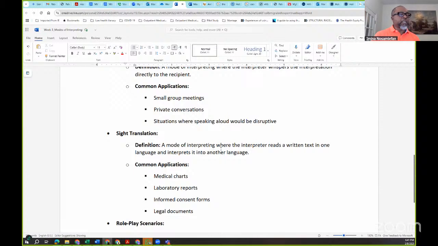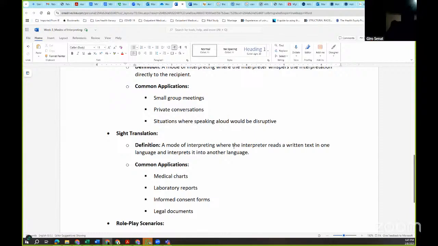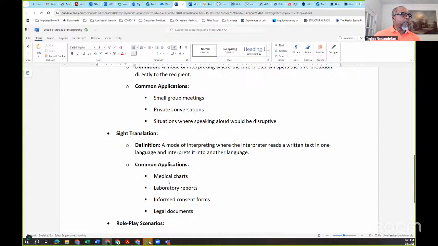And then there's sight translation. It's a mode of interpreting where the interpreter reads a written text in one language and interprets it into another language. We call that sight translation.